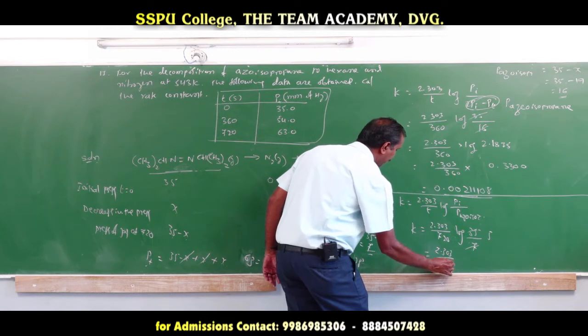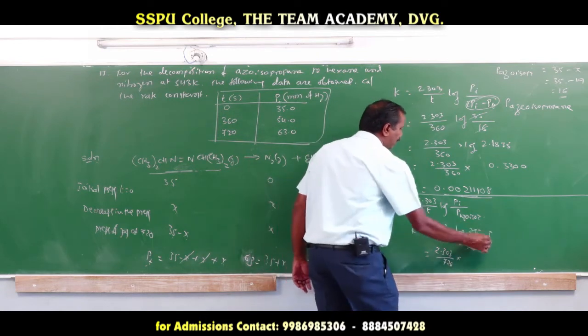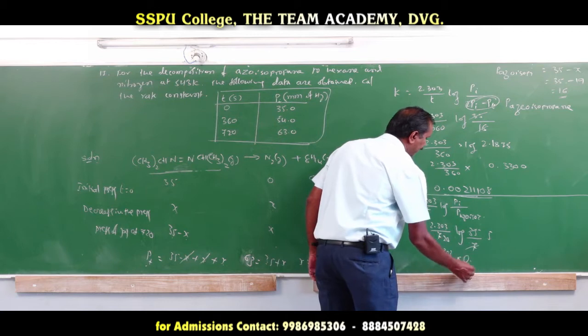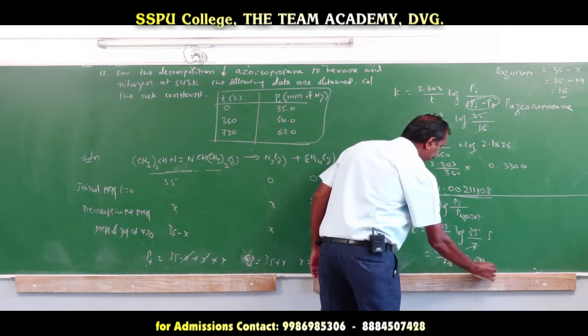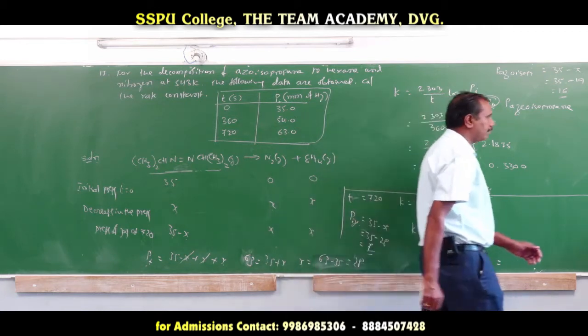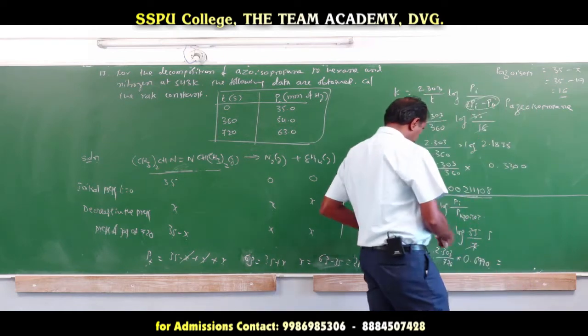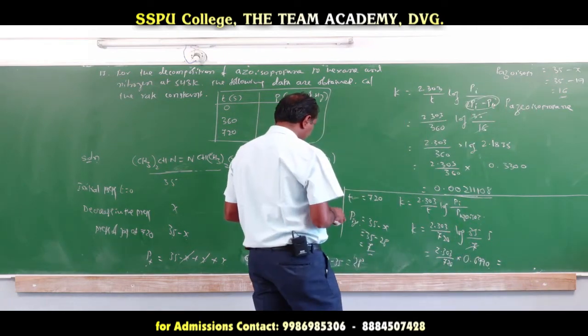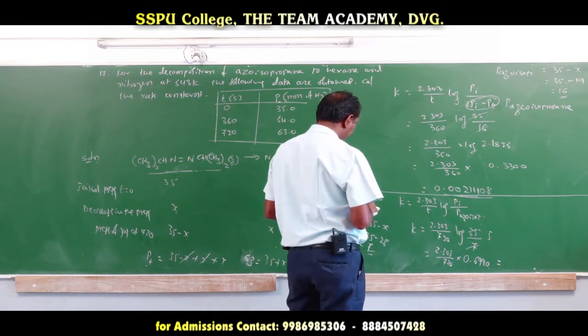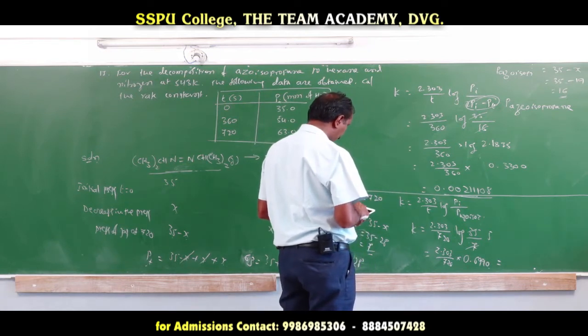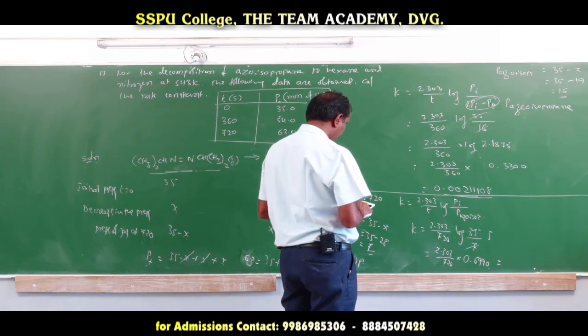2.303 by 720 into log 5. Log 5, characteristic is 0, and the mantissa is 6990. Then the final answer becomes 2.303 into 0.6990 divided by 720.